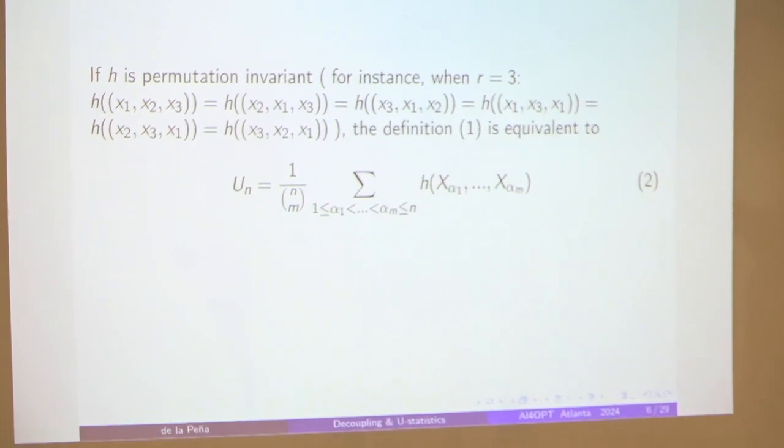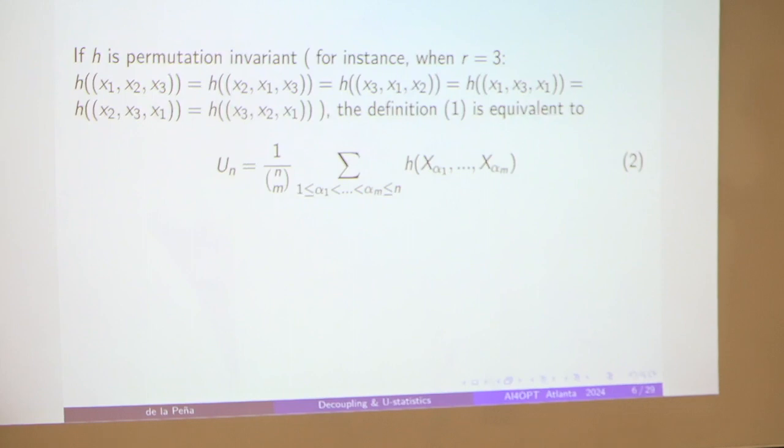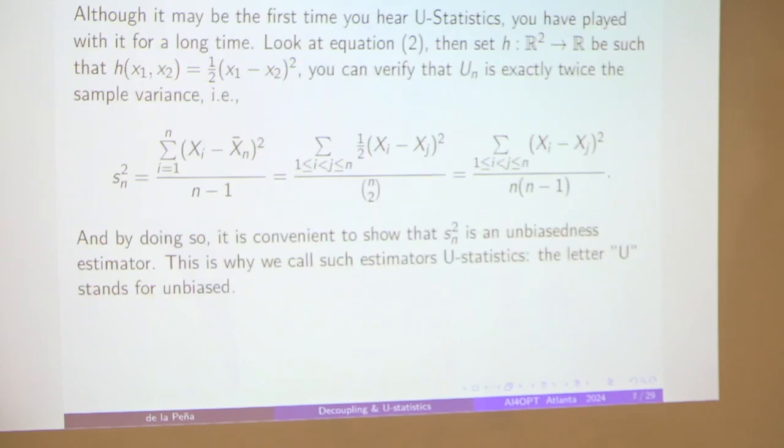So the U statistic is the sum of h of phi i1 up to phi im, over all those, divided by n choose m. That's the unbiased estimator. Okay, I jumped, I'm sorry. So, any questions?